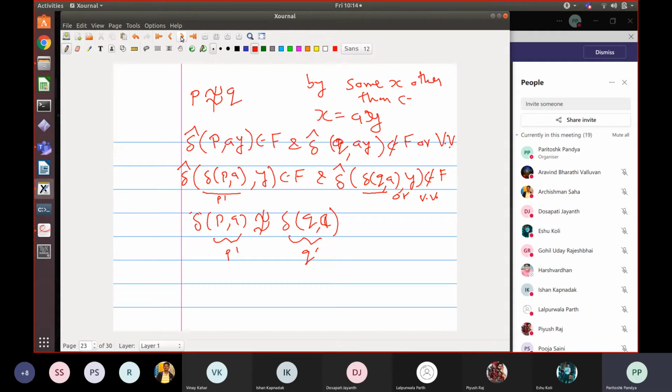So we will use this kind of idea to do the following. Suppose we have a pair P prime, Q prime.